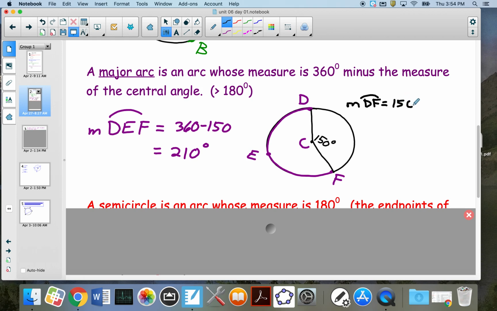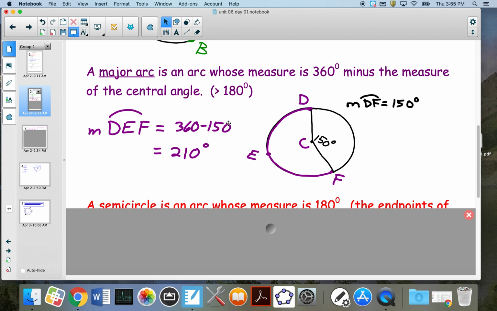When I just have two letters for an arc, that means the shortest distance from one to the other. The longer distance from D through another point E over to F is called a major arc. And since the entire circle is 360 degrees, the measure of the major arc is going to be 360 minus the measure of the minor arc. So we get 210 degrees in this case.